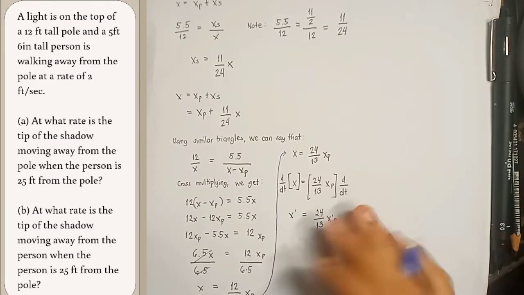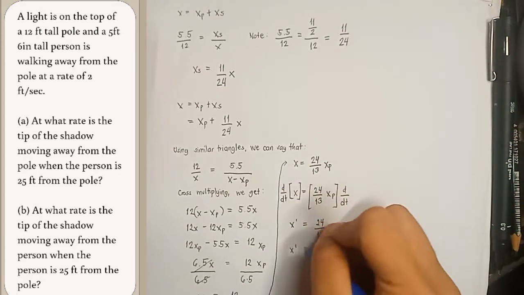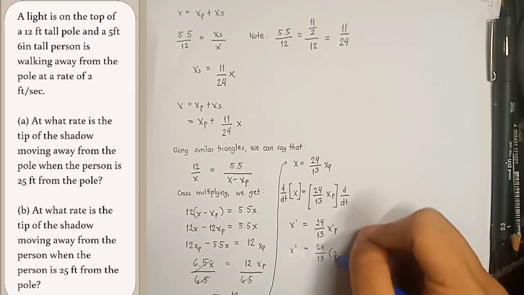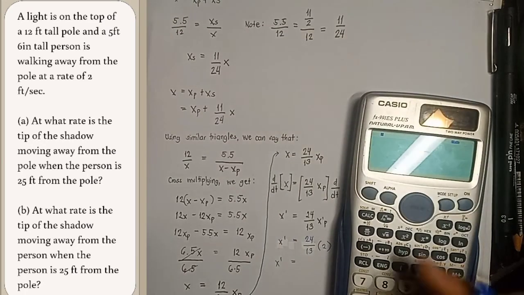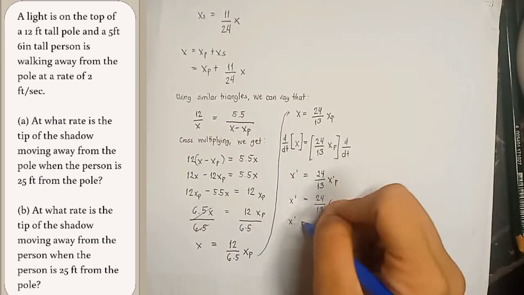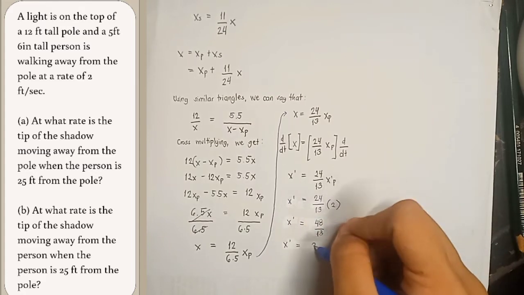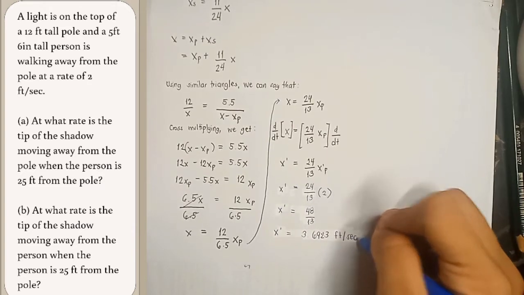To solve for x prime, we need to plug in the value of x prime sub p, which is 2. 24 over 13 times 2 is equal to 48 over 13. x prime is equal to 48 divided by 13, which is 3.6923 feet per second.